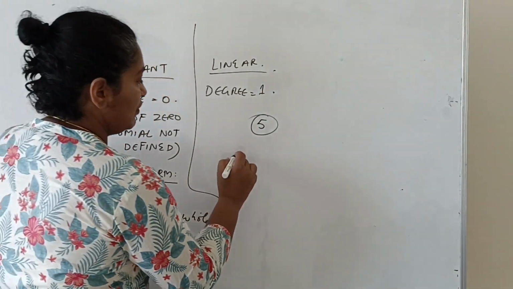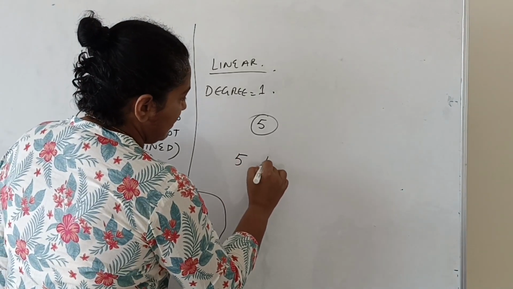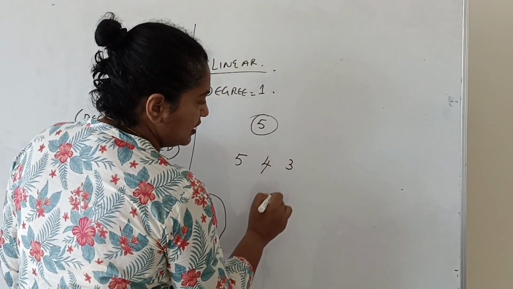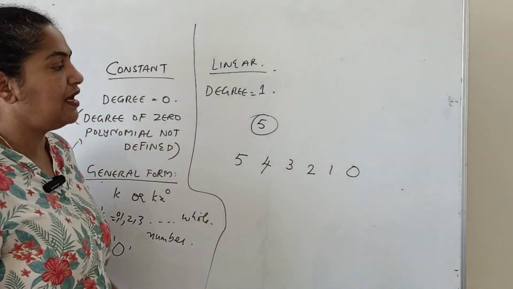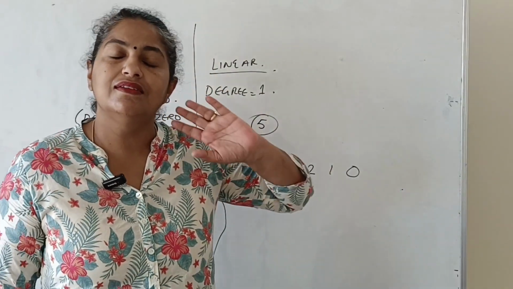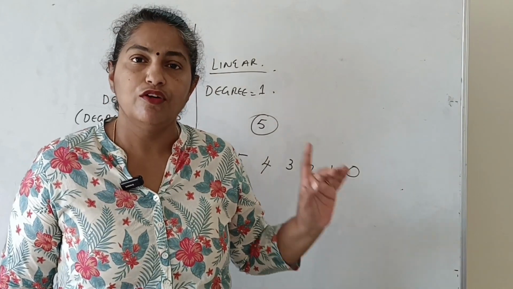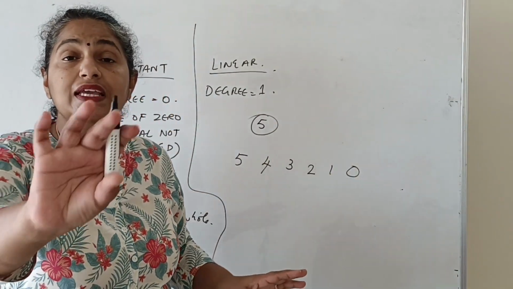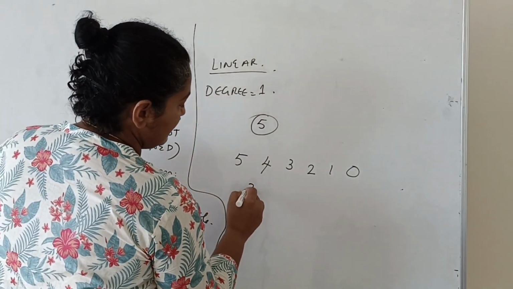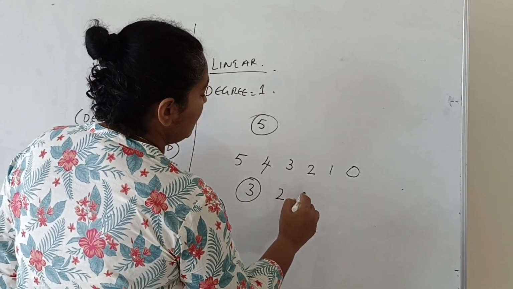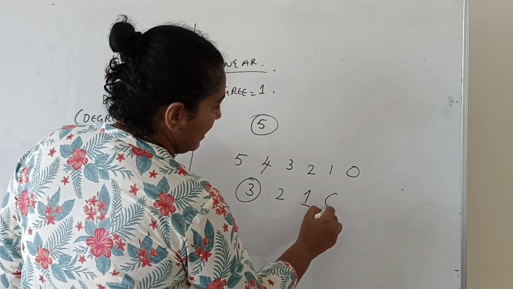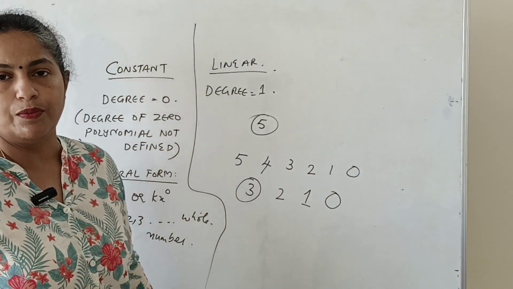Ideally speaking, the first term has a degree of 5, second term has a degree of 4, third term has a degree of 3, and the last term should be a constant. This is the ideal form. 5, 4, 3, 2, 1. Suppose the degree of a polynomial is 3, it's a cubic polynomial. The second term should have a degree of 2, the third term should have a degree of 1, and the last term should have a degree of 0.